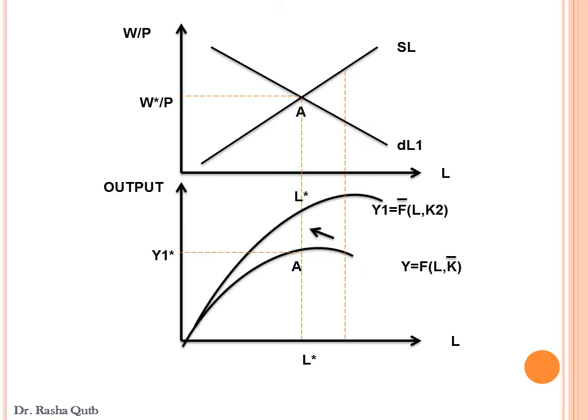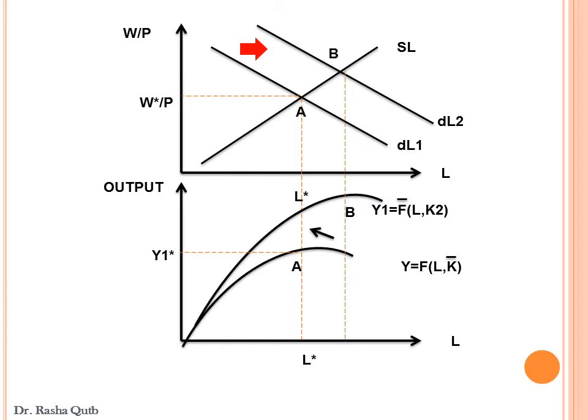And we know that according to the classical thought, the demand curve for labor reflects the marginal productivity of labor. So increasing capital stock would shift the demand curve for labor rightward from DL1 to DL2, holding the price constant, and the new equilibrium in the labor market would be at point B.